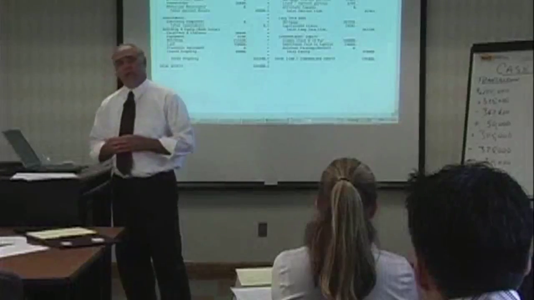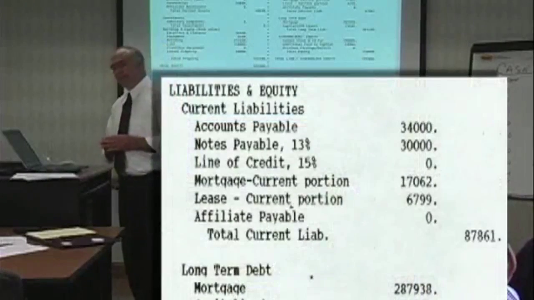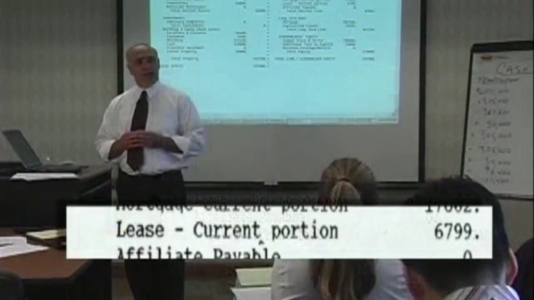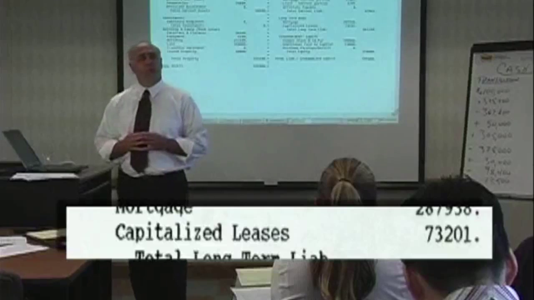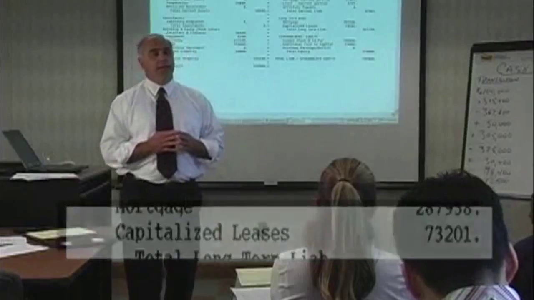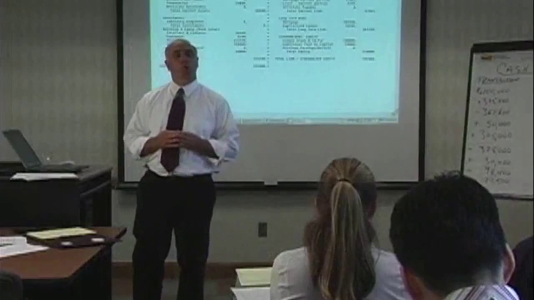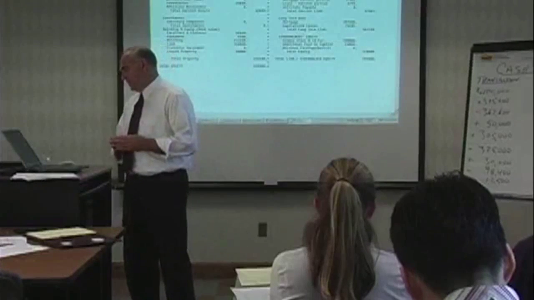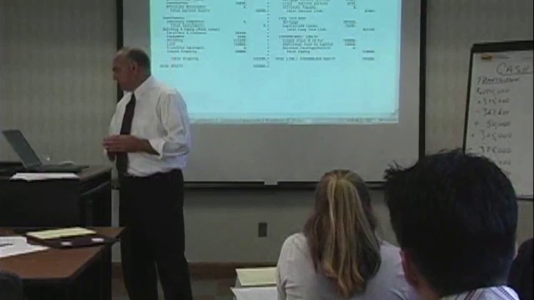The same is true with the capitalized lease. Notice that the current portion of the capitalized lease is $6,799. The long-term portion, $73,201, and on opening day, it too sums to the $80,000, which was the total contribution or value of that capitalized lease from the kitchen leasing company.